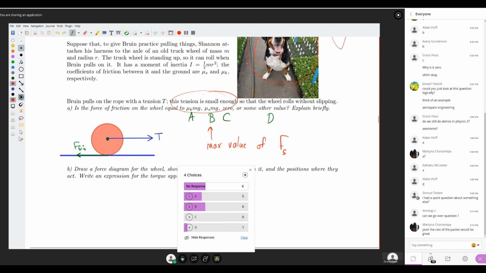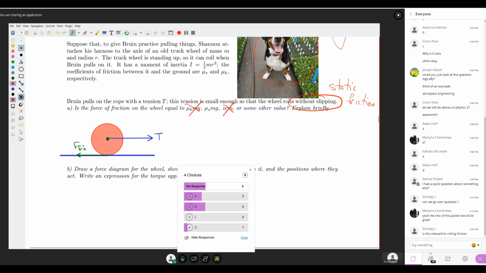Static friction will be some smaller value, just whatever's needed to keep it rolling without slipping. You know it cannot be A because it rolls without slipping. So this means static friction. And you also know it can't be zero, because if there were no friction, then there would be no torque and the thing wouldn't spin.